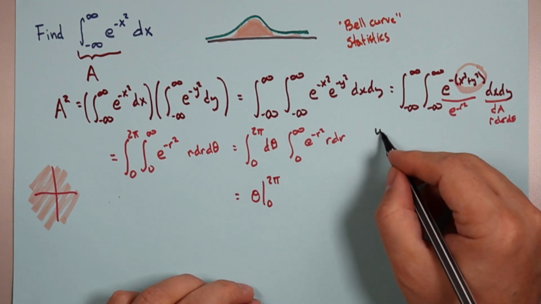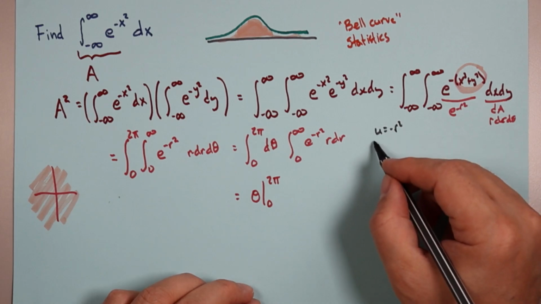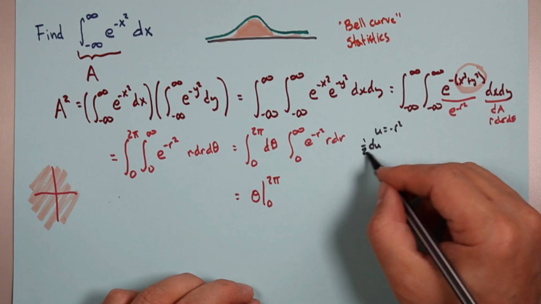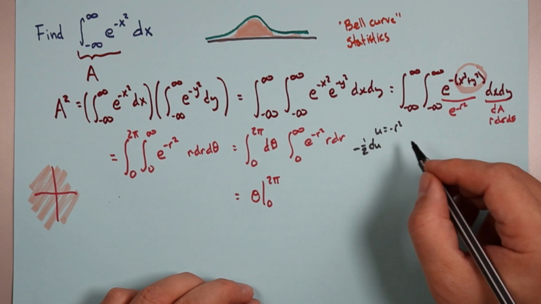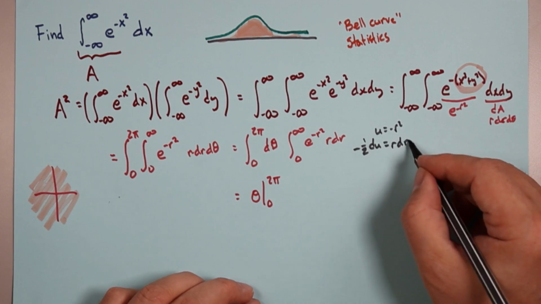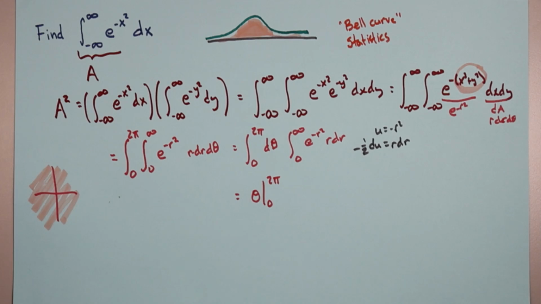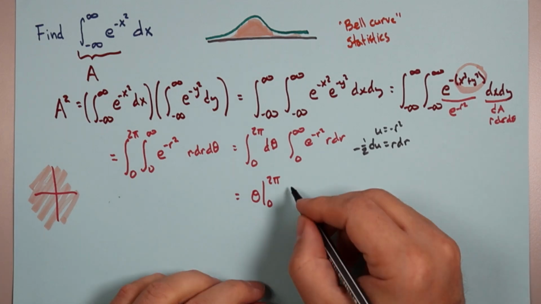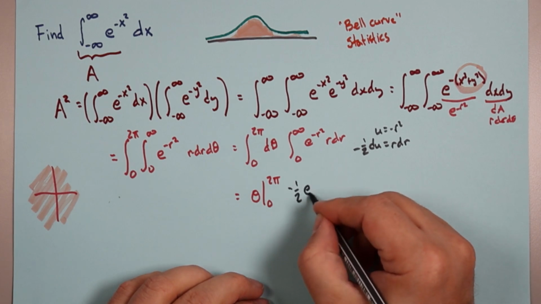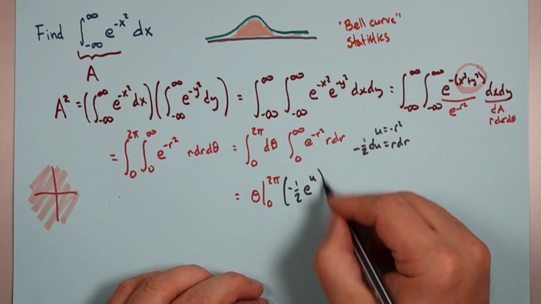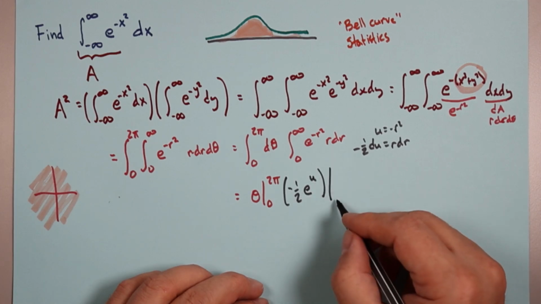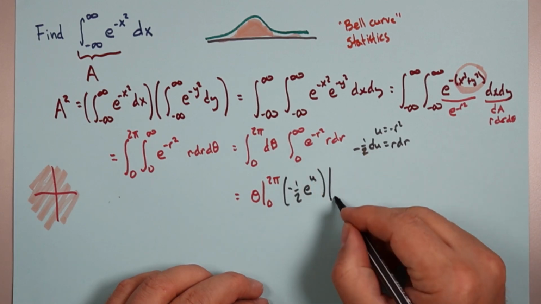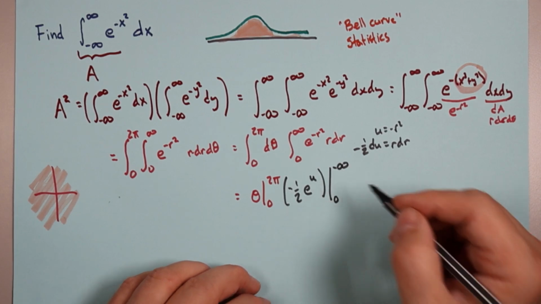We're going to let u equal negative r squared, du equals negative 2r dr, so we have a half times a minus r dr. And so we end up with minus 1/2 e to the u, and then evaluate that from 0 to minus infinity.